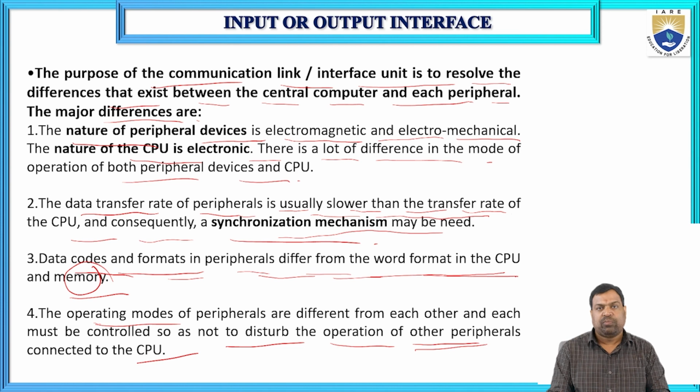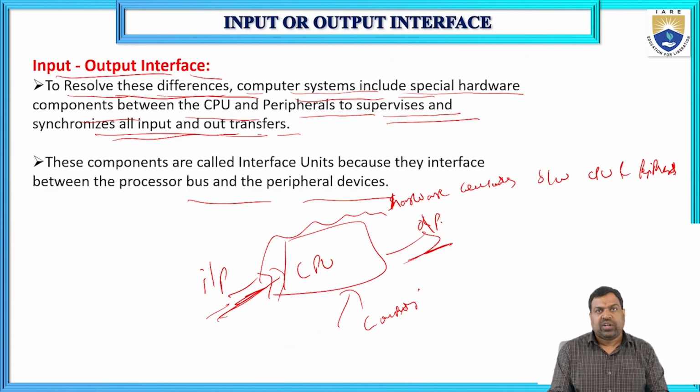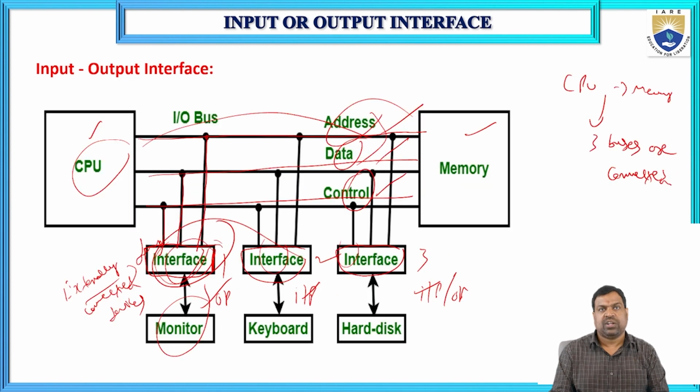The operating modes of peripherals are different from each other, and each must be controlled so as not to disturb the operation of the peripherals connected to the CPU. So definitely the peripherals are connected to the CPU with memory, and the input-output interfaces between the CPU and peripherals are supervised, and synchronization is possible with all input-output processors. These components are called interface units because they interface between the processor bus and the peripheral devices.